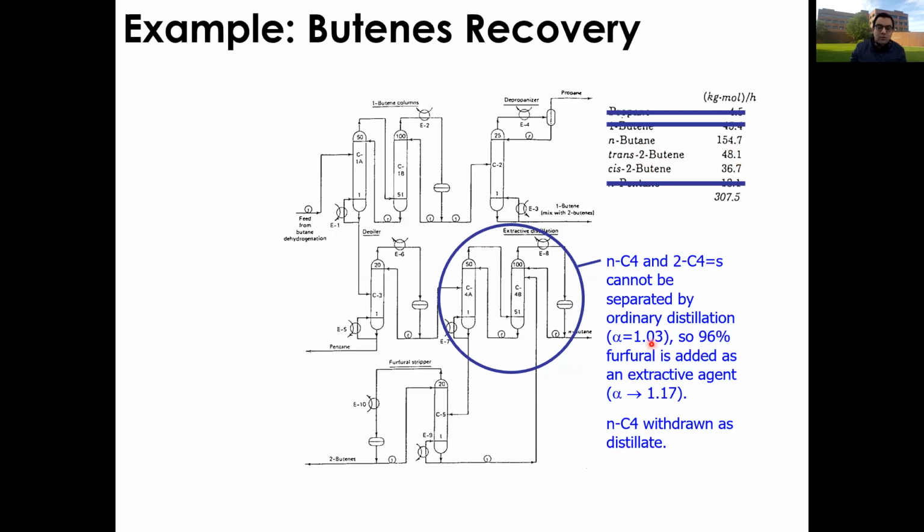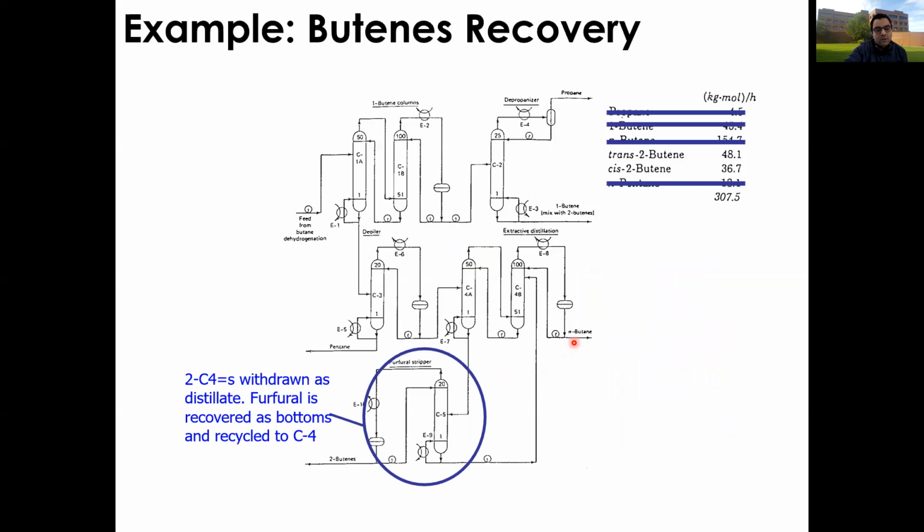So I introduced furfural as a solvent, and the furfural is going to eat up the butenes and leave the butane to exit as a pure stream. So here I introduced an absorption stripping type of unit using furfural to try and separate. So furfural is going to eat up the butenes, and it's going to let the butane leave. So I have a stream with butane, which is pure.